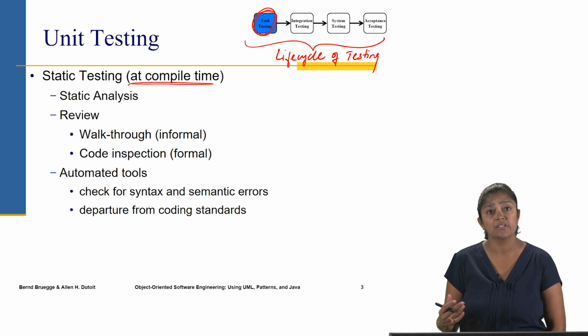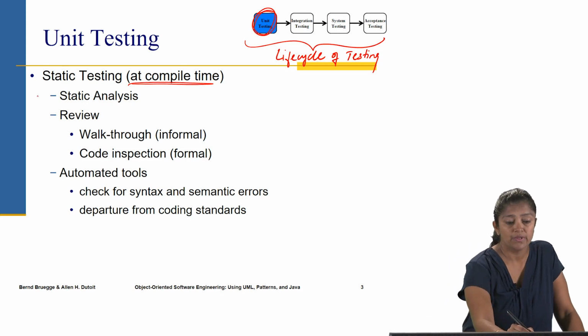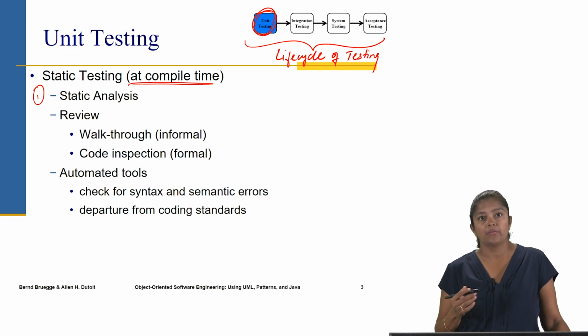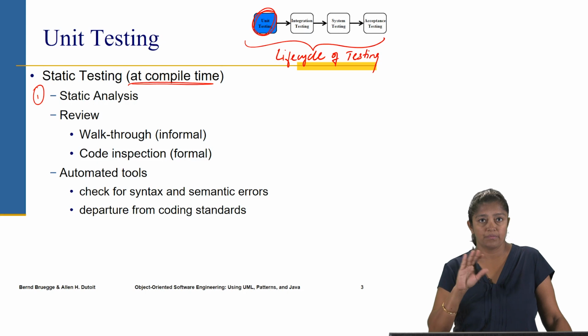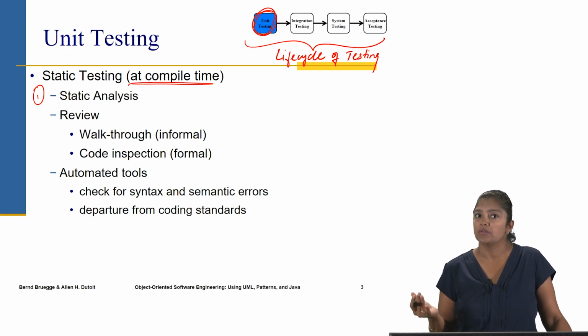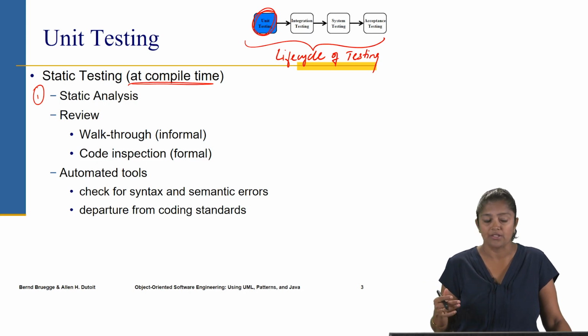Some of the different ways in which it could be done: the first one is through a static analysis of code. We basically look at the code and analyze it at compile time, just by reading it, and that can be automated through certain tools as well. What we're looking for is any kind of anomalies or bugs that can be caught at that stage.